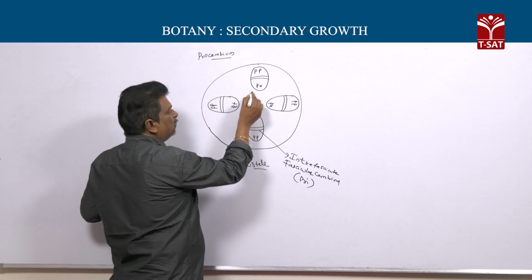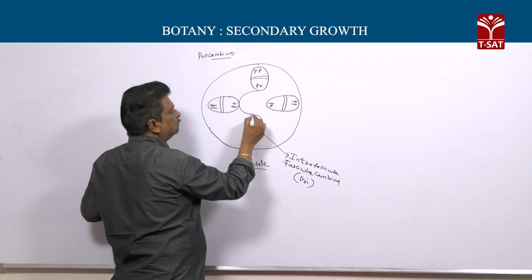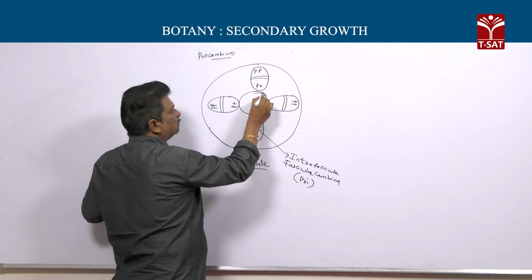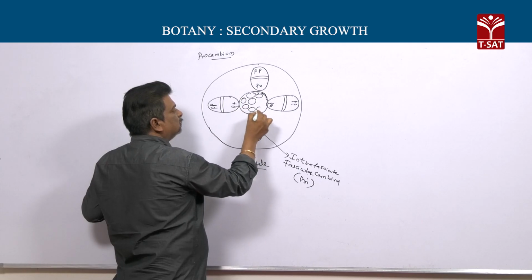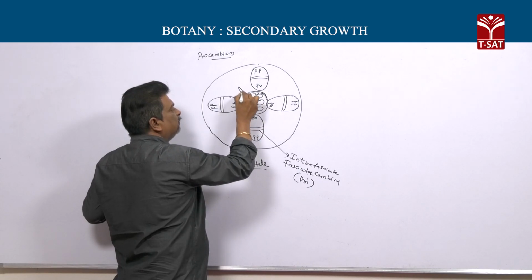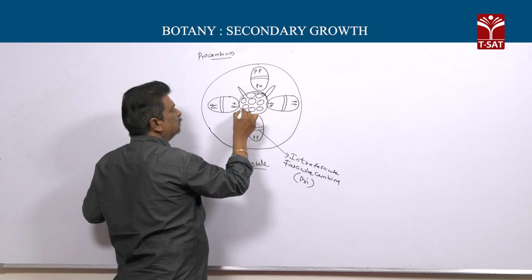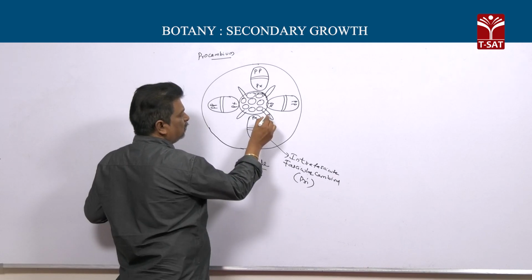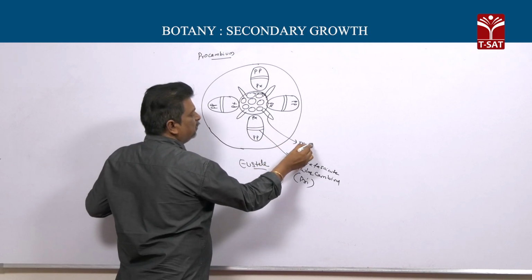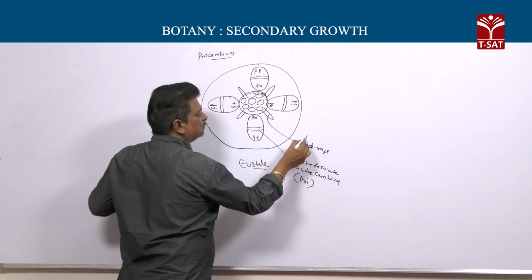Then in dicot stem, there is medulla. And some of the medullary cells extend in between vascular bundles, rightly called medullary rays.